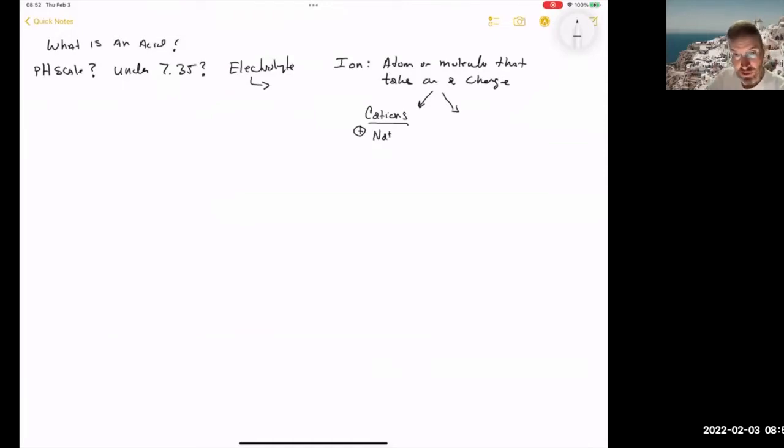Now, elemental sodium, just sodium that has not undergone a chemical reaction to turn into an ion, is not an ion or a cation. It is not the positively charged sodium. Potassium, K+, would be considered a cation. Magnesium, Mg+2, calcium, Ca+2. Those are all cations, okay?